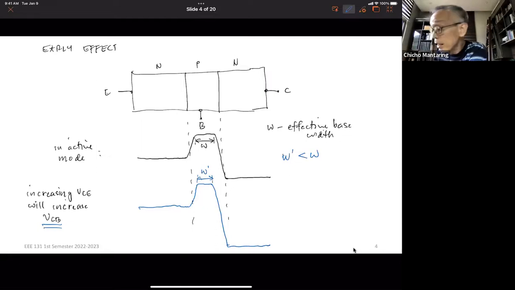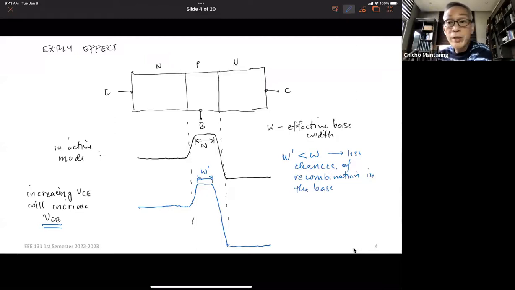If W prime is smaller than W, there are less chances of recombination in the base, because recombination happens in the effective base width. If W prime is small, that means the electrons coming from here have not yet had a chance to recombine, and are swept toward the collector.